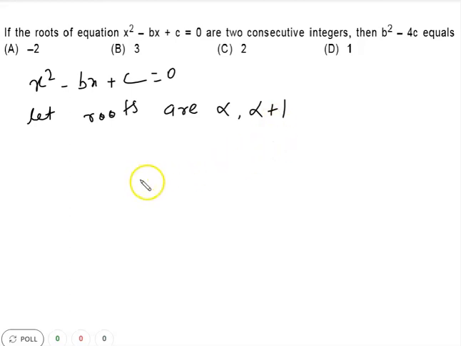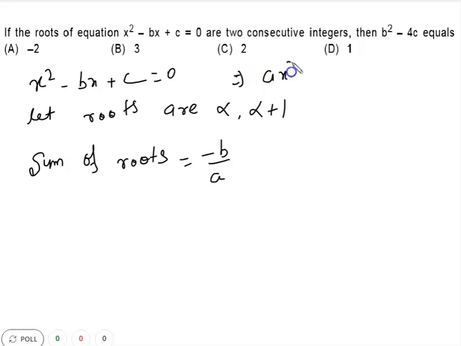According to the nature of the roots, we know that the sum of roots equals minus b by a, right? So what is the general form of the quadratic equation, guys? You know that it is x square plus bx plus c.